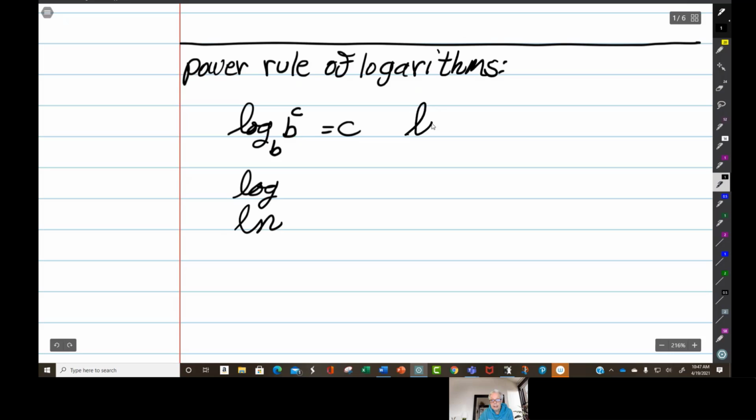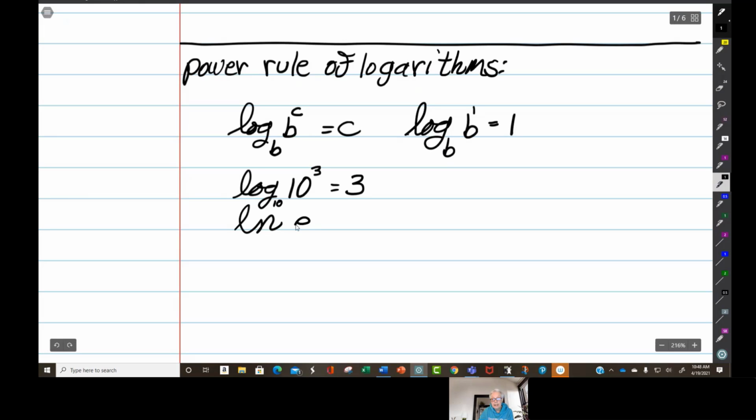So what else does that mean? That is, if you have log base B of B, the answer is 1. Why? Because this is B to the 1 power. Log base B of B is 1. Log base B of C is C. Log of 10 to the 3rd power is 3, because when you just write the word log, your base is 10.